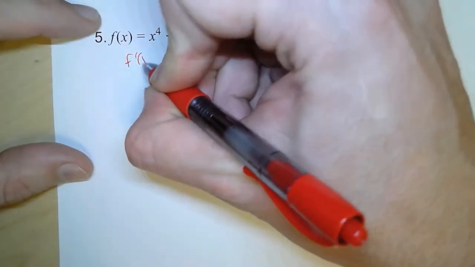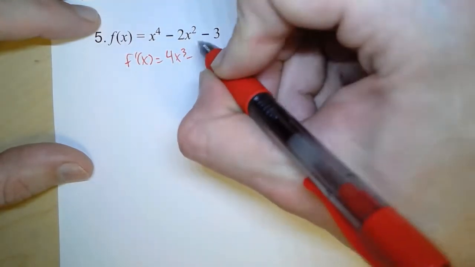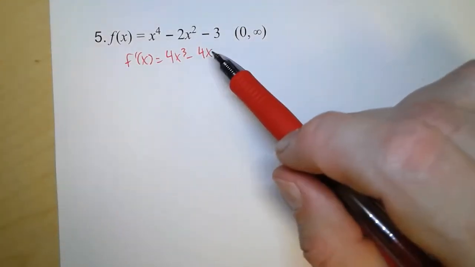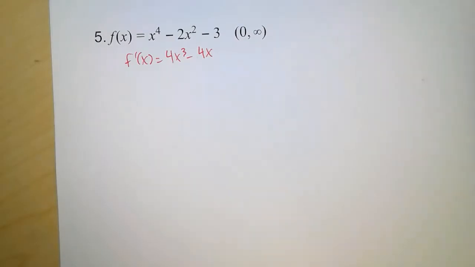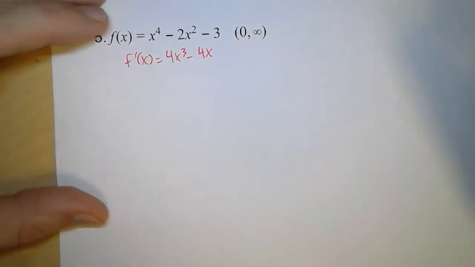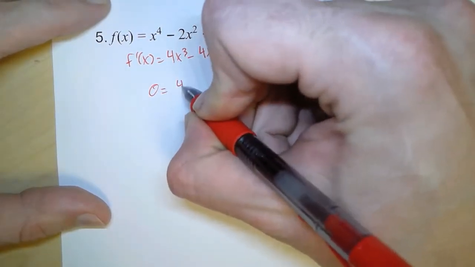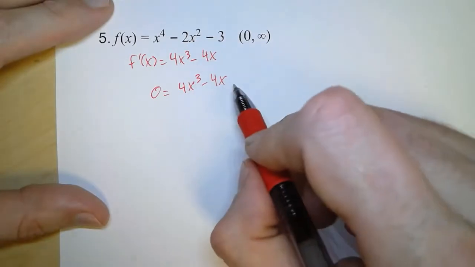So f prime of x equals 4x cubed minus 4x. Now thankfully, there's no radicals and there are no denominators, so we don't have to worry about f prime ever being undefined. We just need to find when f prime is 0. So we've got 4x cubed minus 4x, and that's equal to 0.